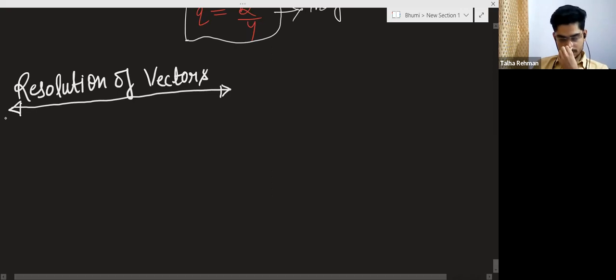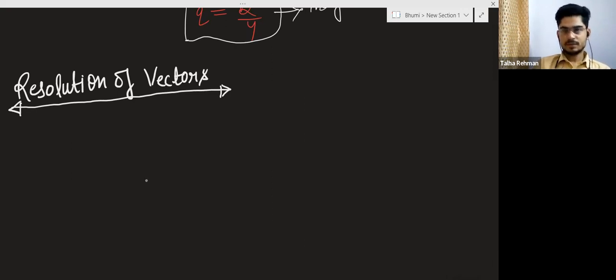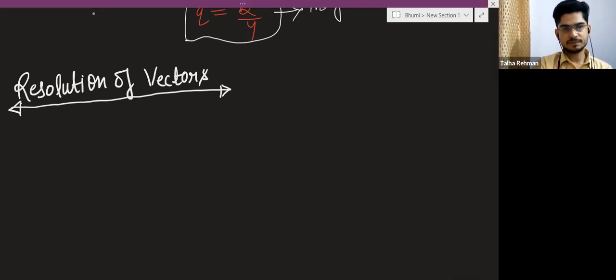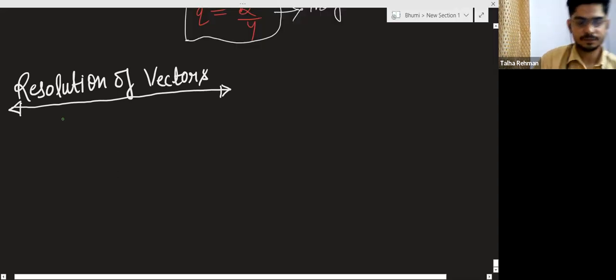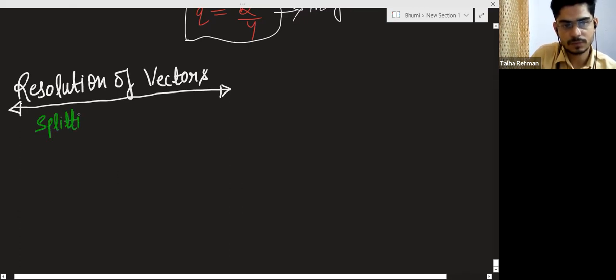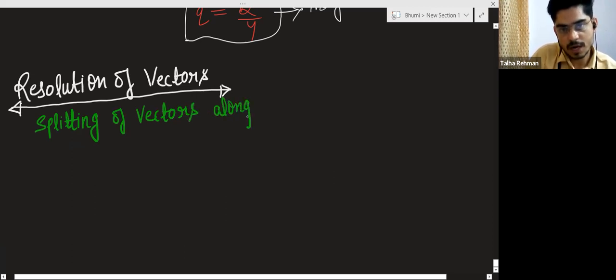Resolution means splitting the vectors, splitting of vectors along axis.